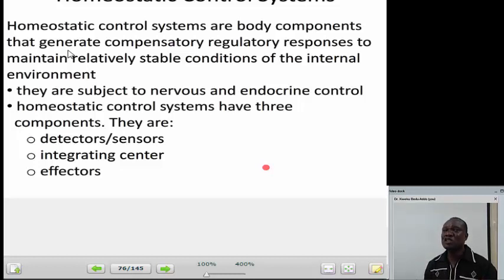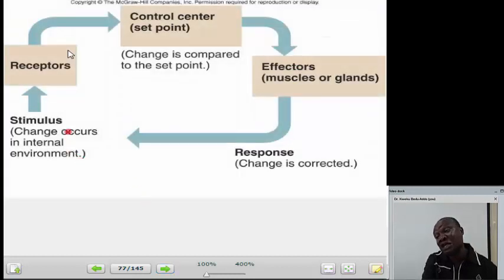Now, the control system has three components. They have the detectors or sensors, the integrating center, and the effectors. Every control system has these components: detectors or sensors or receptors, the integrating center, and the effectors.